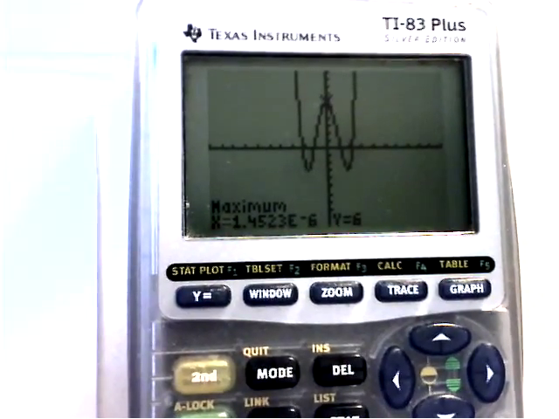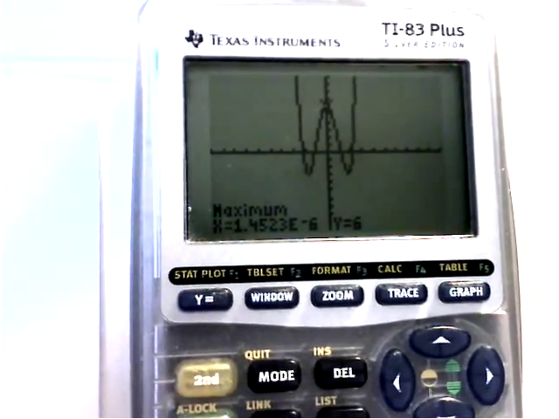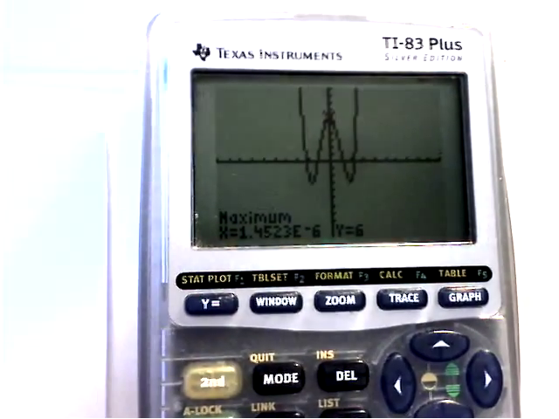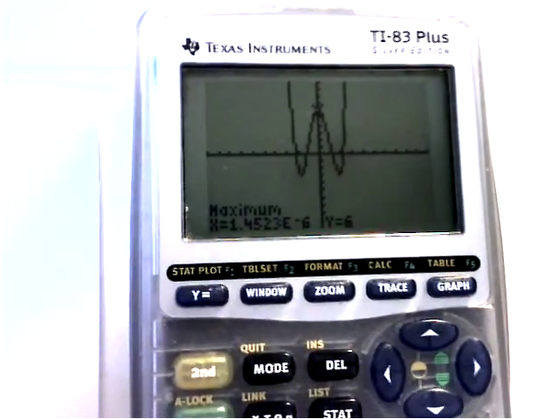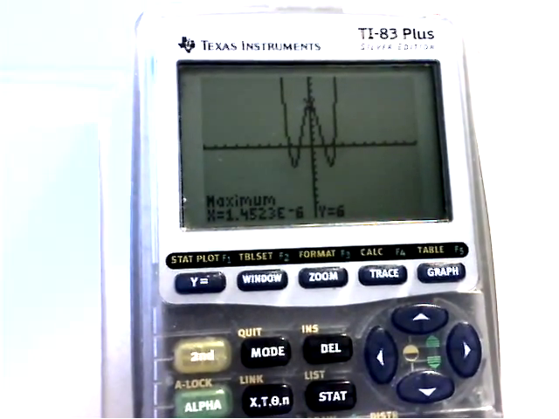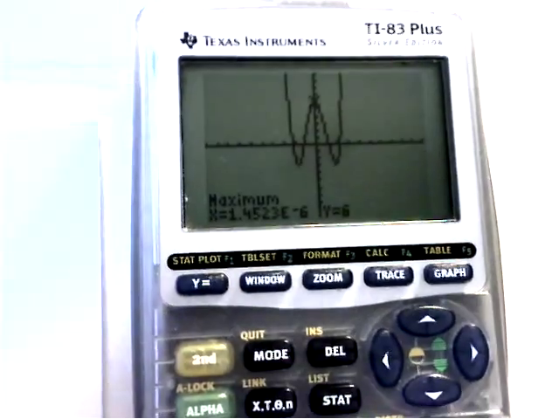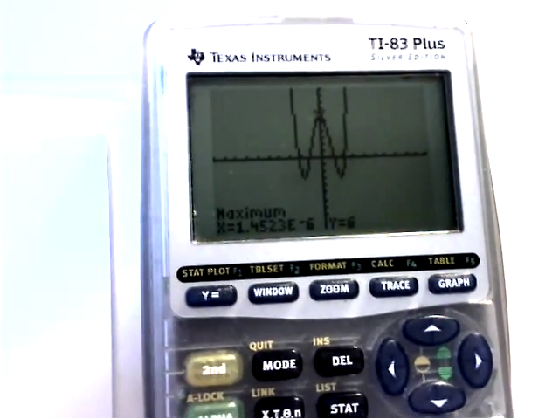And you should get this relative maximum. And in this case, that's a very small number here. But I'm going to say that the relative maximum is 0.6, rounded to 2 decimal places.